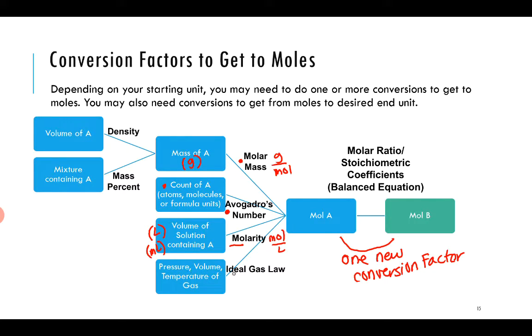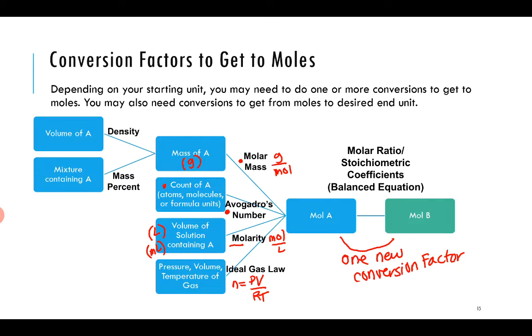We also learned about, for gases, you can use the ideal gas law, where n was equal to PV over RT. Now, we also learned about density and mass percent composition. And so both of those were for pure substances. And so both of those can lead you to mass.